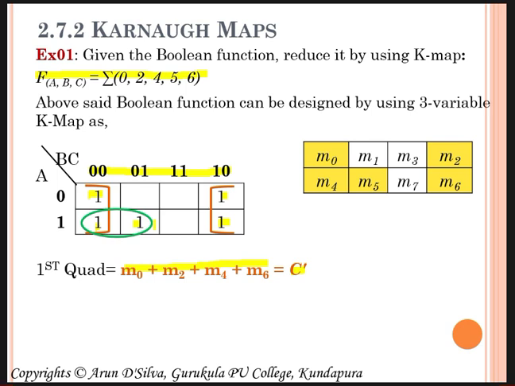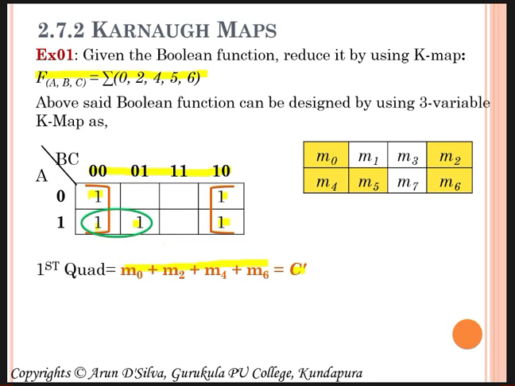In a K-map it is possible. If the ones are neighboring, you can go for a pair, quad or octet, and there won't be a problem, but there should not be any ambiguity. A one can participate in any number of groups. With this idea, we identified one pair here.